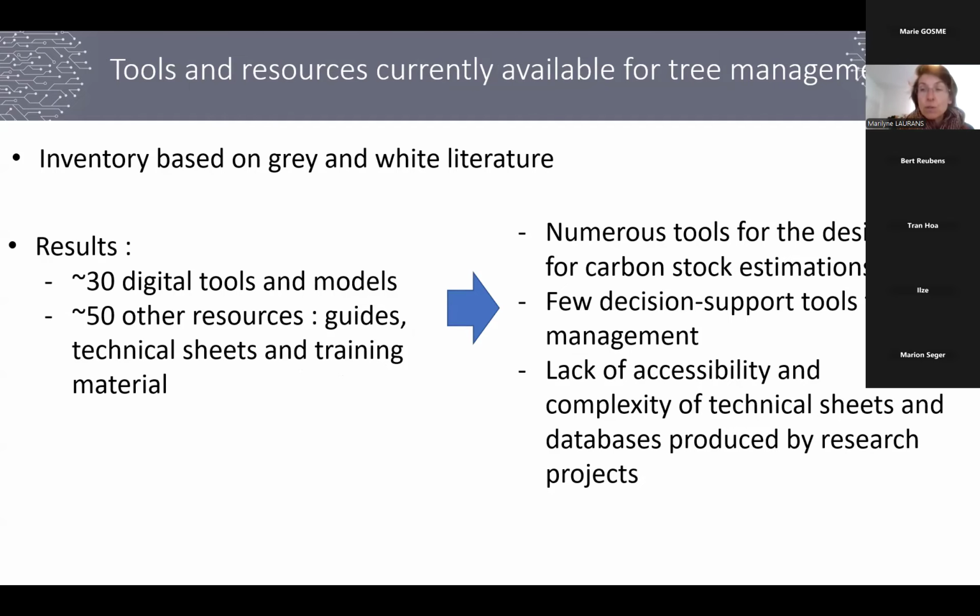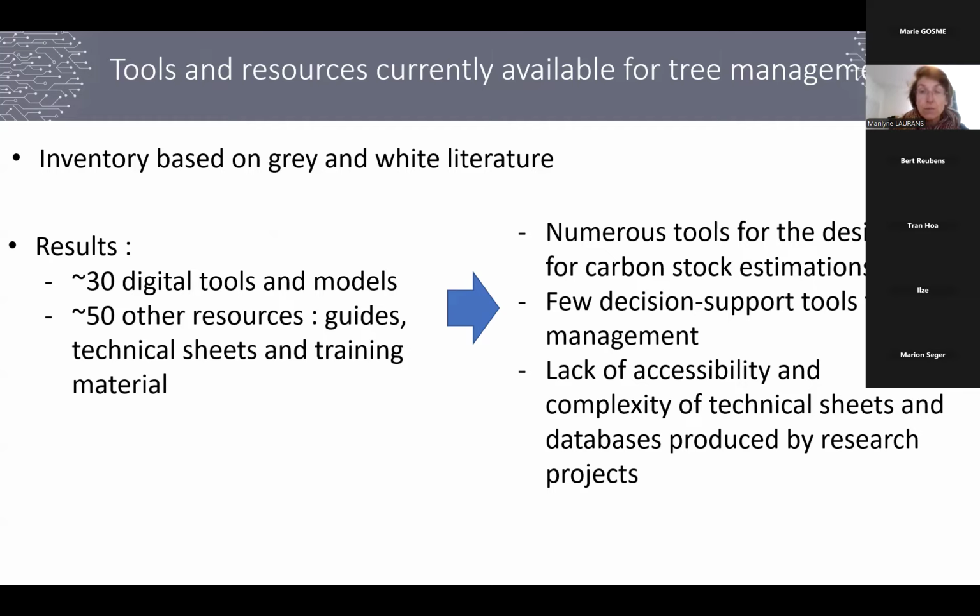So now just a look to the tools and resources available for tree management. Cécile carried out an inventory of resources and tools which combine elements from the grey and white literature. She identified around 30 digital tools and models, as well as about 50 other resources like technical sheets, guides, and training material.